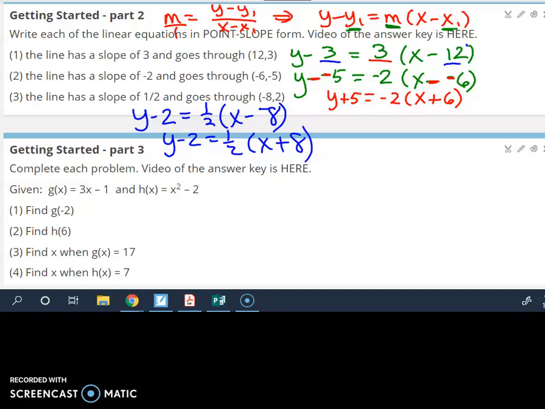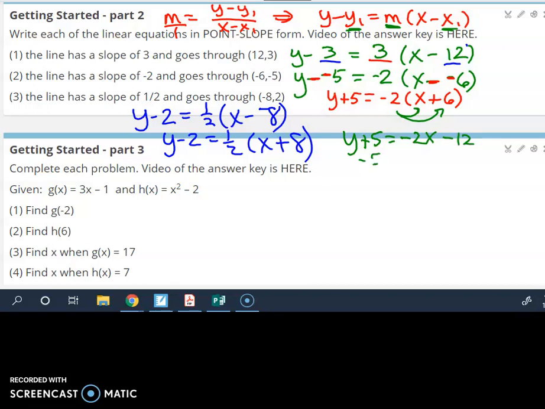One of the things we did back in chapter 1 and 2 with point slope is we could always multiply the slope to the two values in the parenthesis, and then try to simplify that from there to get to slope intercept. So for example, here, if I wanted to do problem number 2, I could do y plus 5, and it'd be negative 2 times x, and negative 2 times the 6 makes a negative 12.